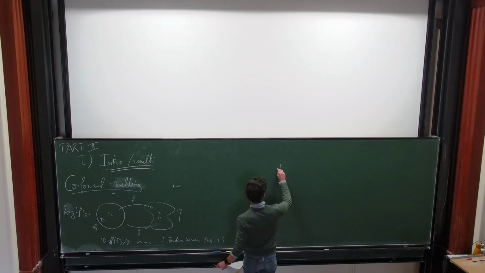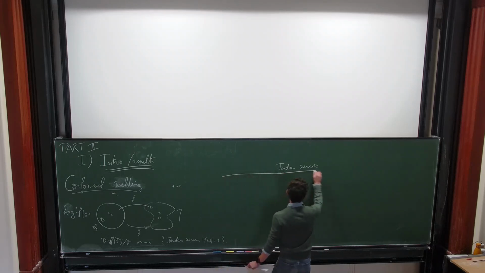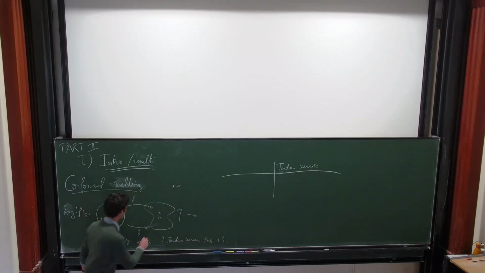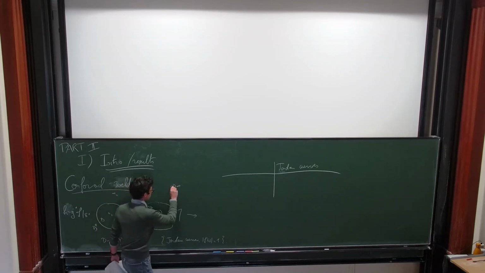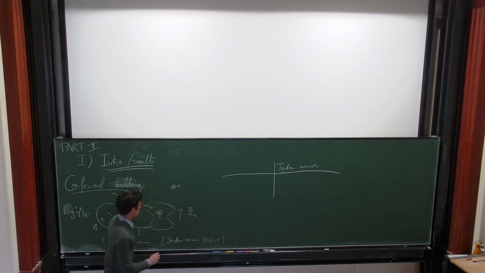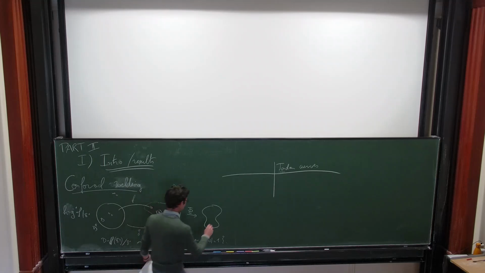On the side of Jordan curves, Antoine spent the last talk telling you that you can deform Jordan curves using local conformal maps. If I remove a neighborhood of 0 and infinity, I can pick a conformal map that is defined there, and it will give me a deformation of my curve by beta.